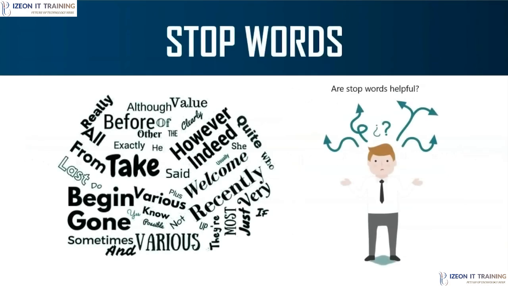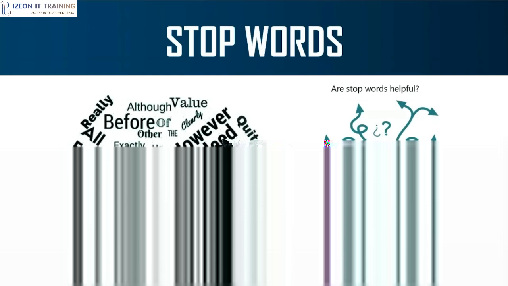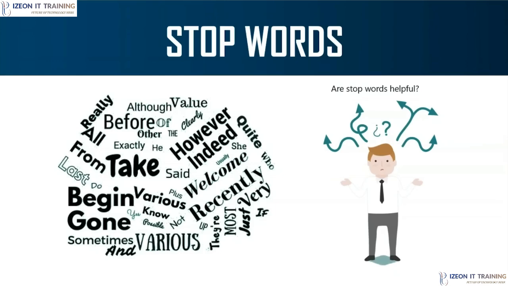Now, stop words are basically a set of commonly used words in any language, not just English. Now, the reason why stop words are critical to many applications is that if we remove the words that are very commonly used in a given language, we can finally focus on the important words. For example, in the context of a search engine, let's say you open up Google and you try how to make strawberry milkshake.